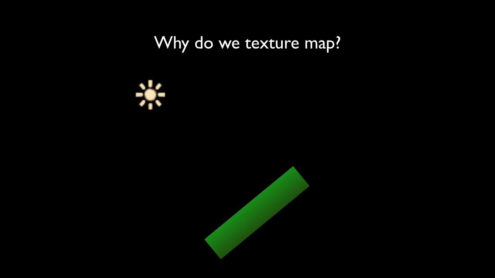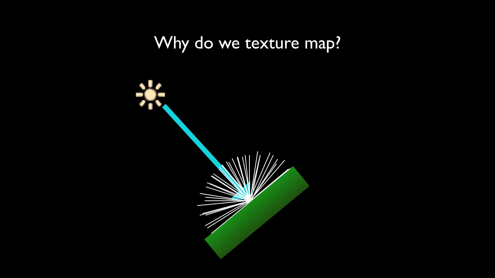So, why do we texture map? If you remember from one of my earlier videos, I had an example where I showed light striking the surface and then scattering in various different directions. But I didn't talk about the color of the light or the color of the reflection. Real life is more like this.